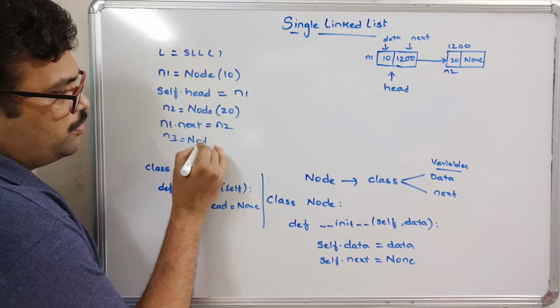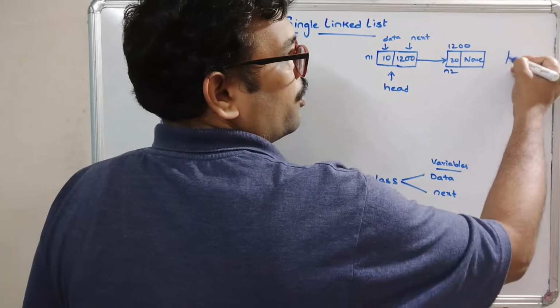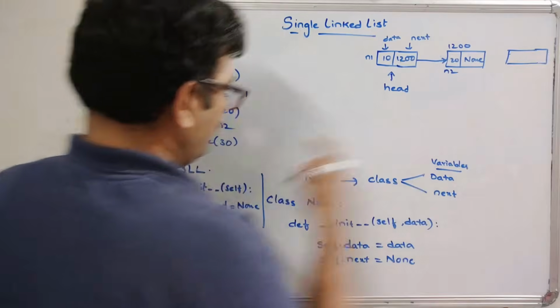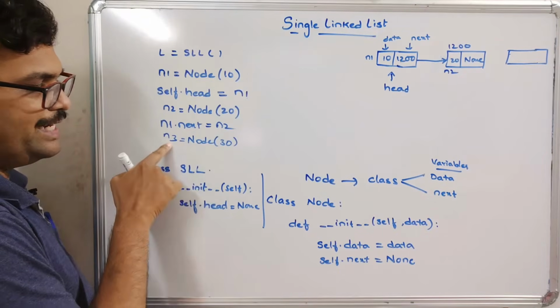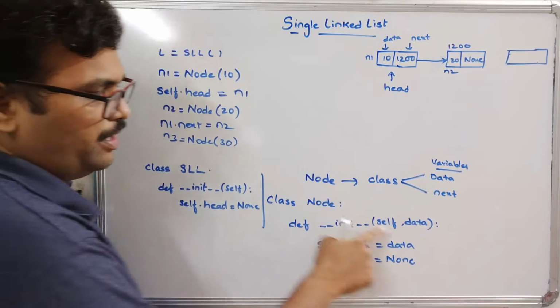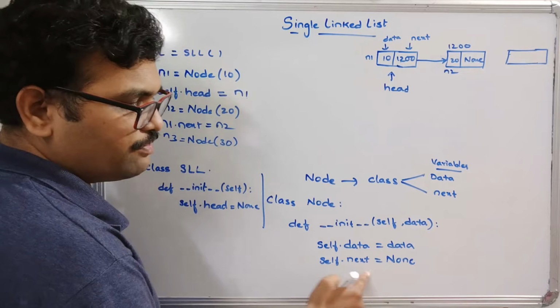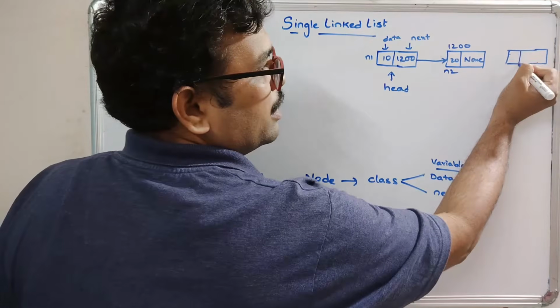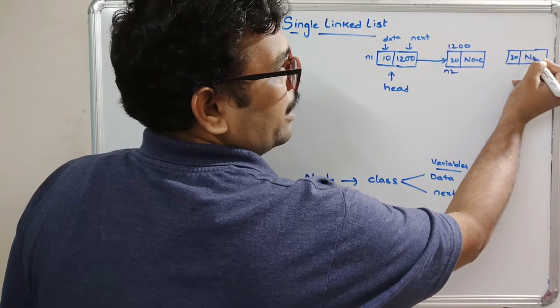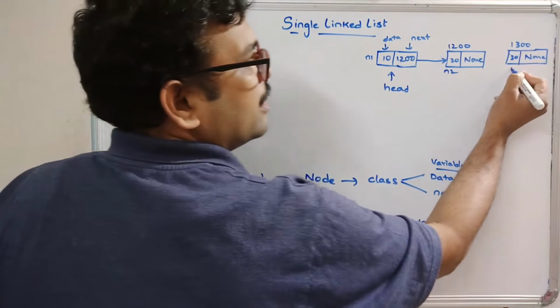N3 is equal to Node of 30. Again a node is created, because whenever you create the object, N3 is an object of the Node class. We have two variables, so 30 will be pointing towards the data, and next will be None. Let 1300 be the address of this node N3.